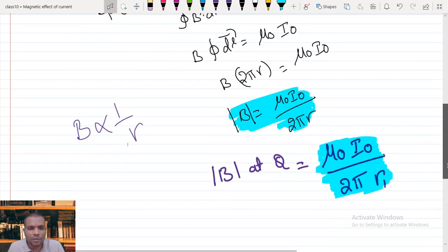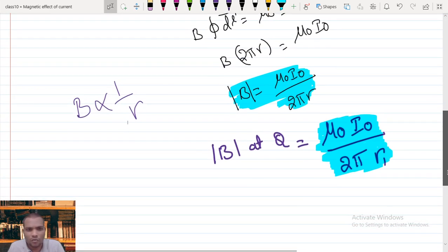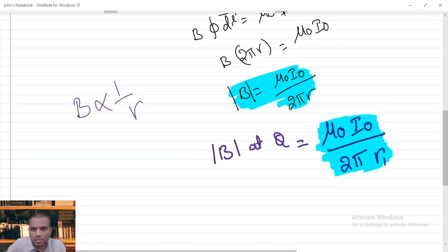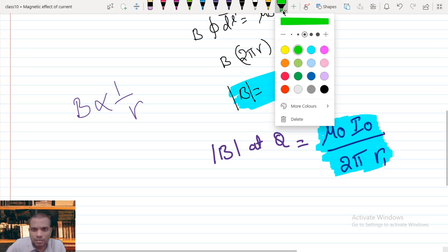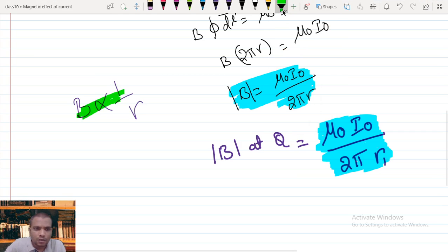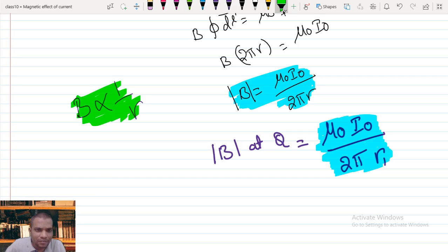If you go far away up to infinity, obviously it vanishes. This is one more important point, please try to remember: for a current carrying conducting wire, the strength of the magnetic field is inversely proportional to the distance where we are measuring.